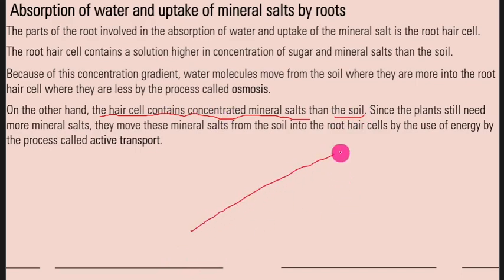Okay, so meaning this, let me cut here like a boundary. So this is the soil, this side, then this is the root. All right. So now here there are fewer mineral salts in the soil, and inside the root there are more mineral salts. For these mineral salts to move, because the root still needs them, then you need to push.